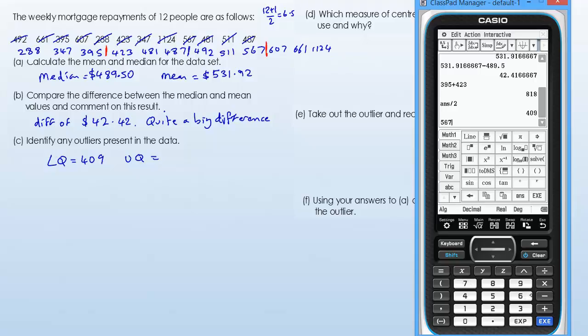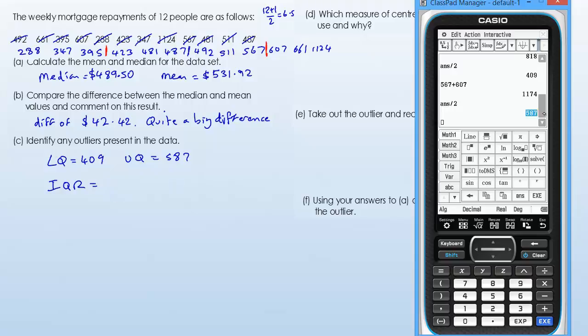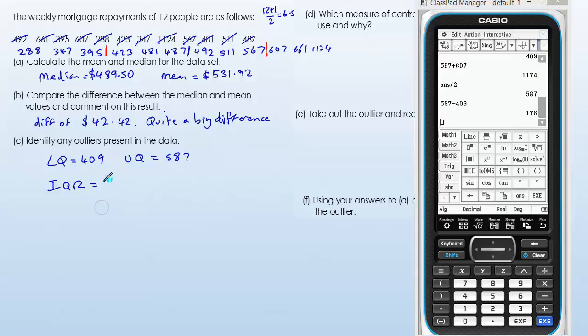So 567 add 607, and we'll divide that by 2, gives us 587. So therefore the interquartile range is 587, take away 409, gives us 178.